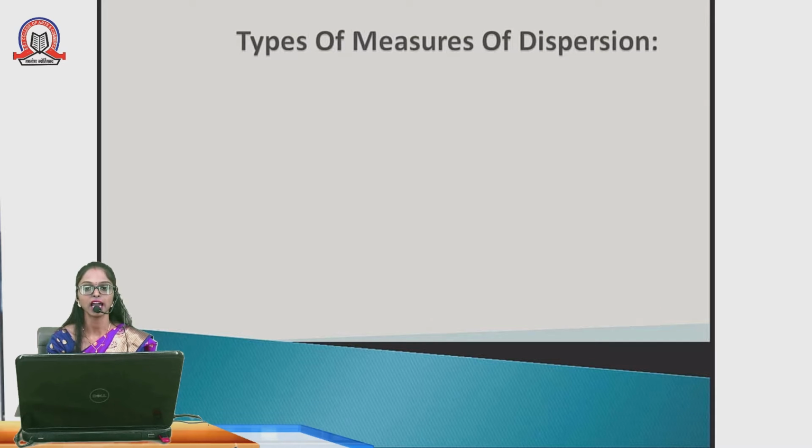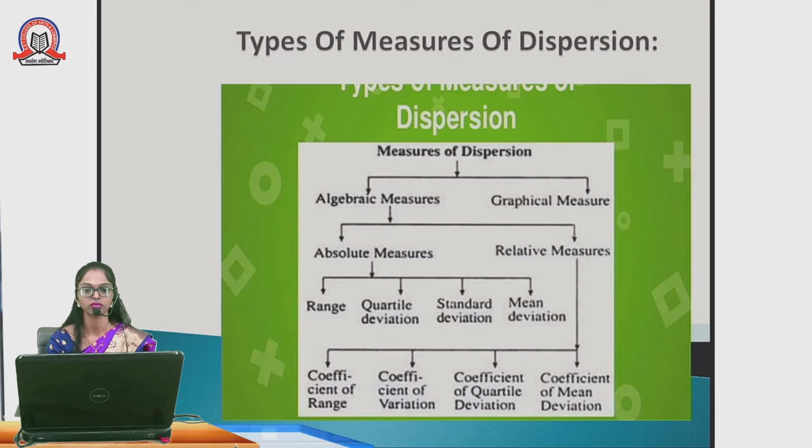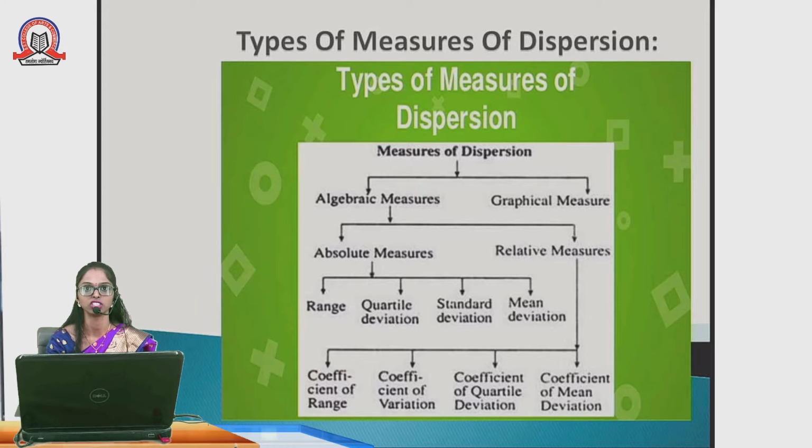Next we see types of measure of dispersion. First type is algebraic measure and second type is graphical measure. In algebraic measure, there are two types, absolute measures and relative measures. In absolute measures, four types are present: range, quartile deviation, standard deviation, and last one is mean deviation.